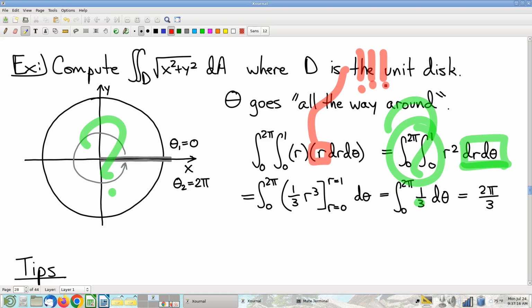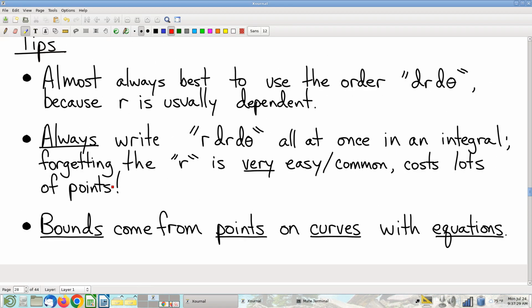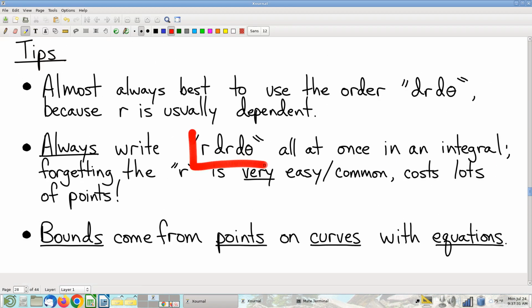You'd be surprised how common that is. I do it myself sometimes, despite my best efforts, but more so in the past, until I thought of the following, I think, really good little mathematical life hack: I don't ever write down dr d theta by itself. I'll never need dr d theta by itself.